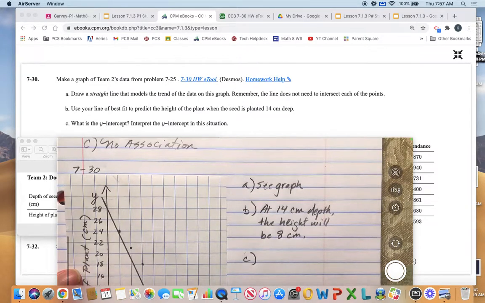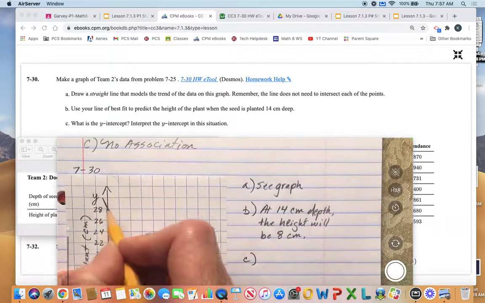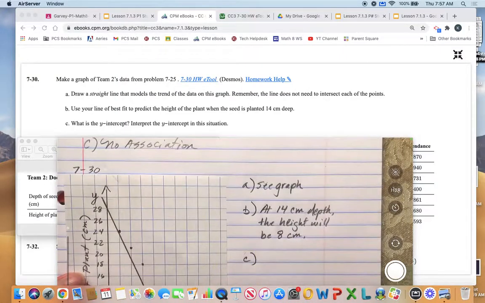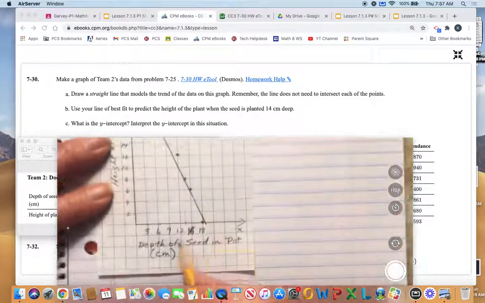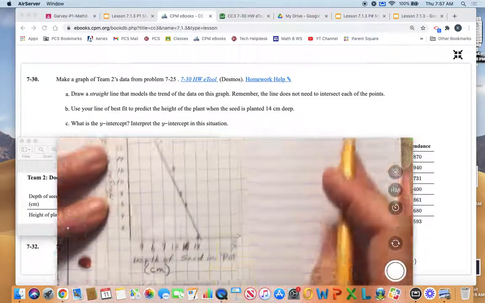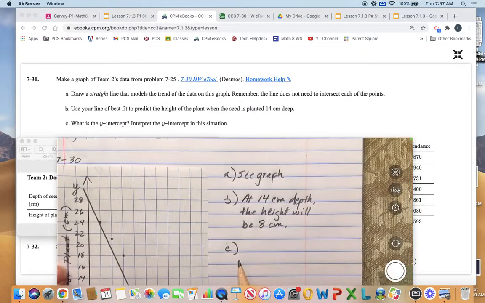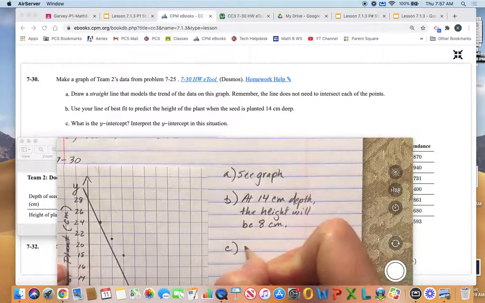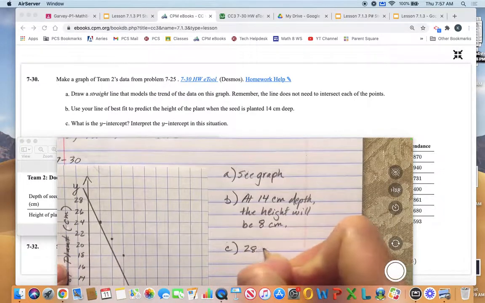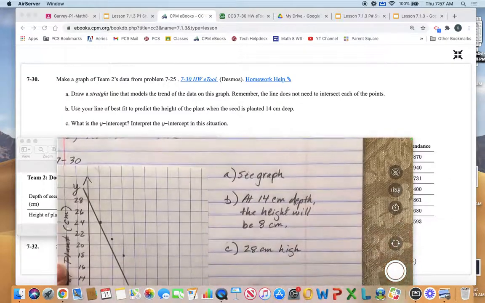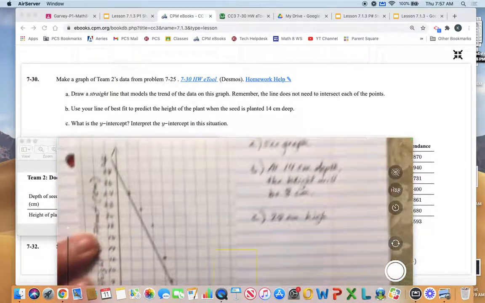Okay, so it looks like our y-intercept here is 28. So yours may be slightly different, as this information may be slightly different too when you do your graph, and that's okay. Okay, so what is the y-intercept? It's 28 centimeters high. So what does that mean?